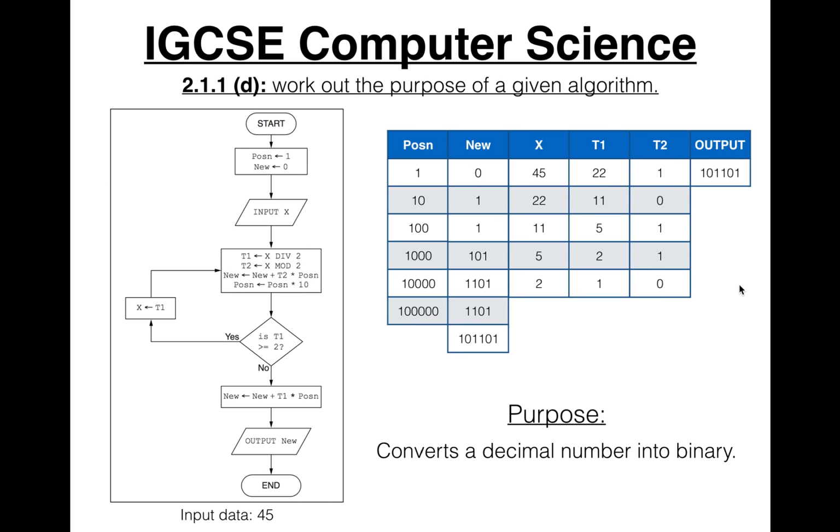I did the trace table, all fine, and then it said, state the purpose of this flowchart. I'm like, what? What is this supposed to be? Then I looked at the mark scheme, and it's just the check digit, whatever. I feel really stupid now.